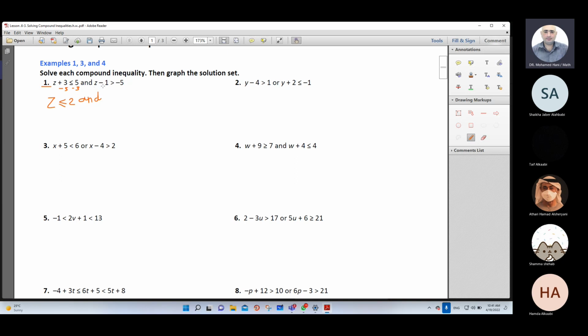To remove minus 1, add the inverse, plus 1 here, and plus 1 here. So minus 1 plus 1 will be 0. So we have here z greater than, now minus 5 plus 1 will be minus 4.